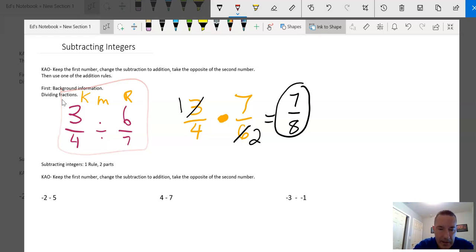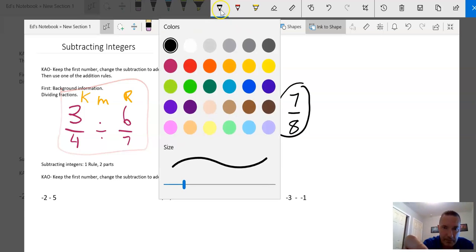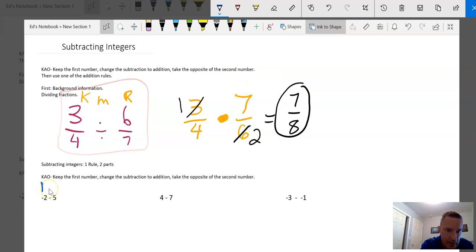-2 minus 5. We're going to do our keep, change, opposite. And I like to write keep, change, opposite right there. So we're going to keep our -2. What's the opposite of subtraction? Addition. What's the opposite of 5? -5. Now we're going to use one of our two addition rules.